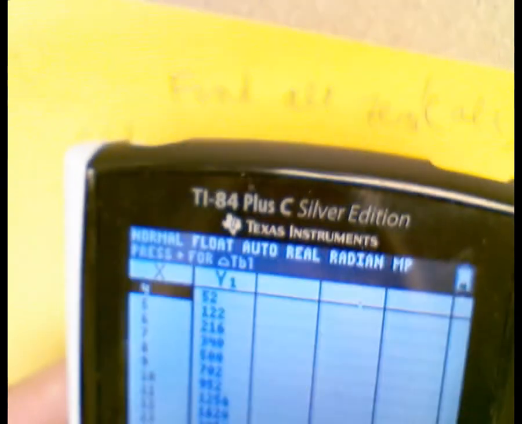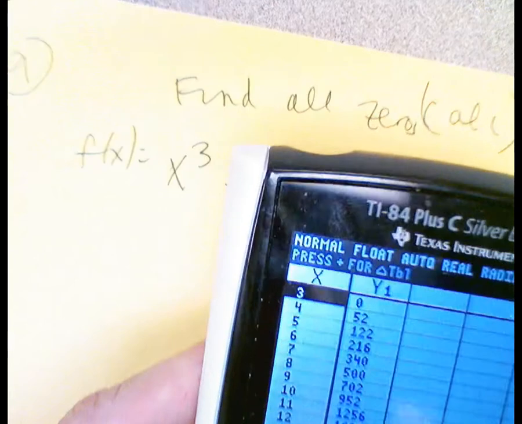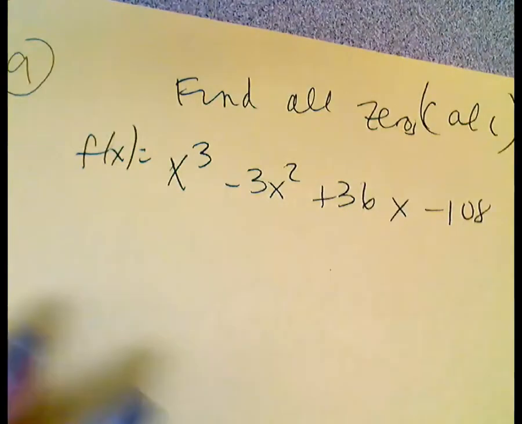Looks like it's crossing at 3. I'll look at my t-table. Yes, it does look like 3 is a 0. So 3 is a 0.